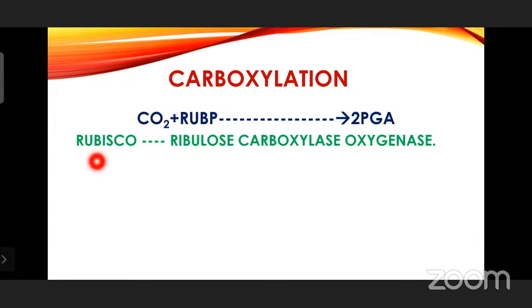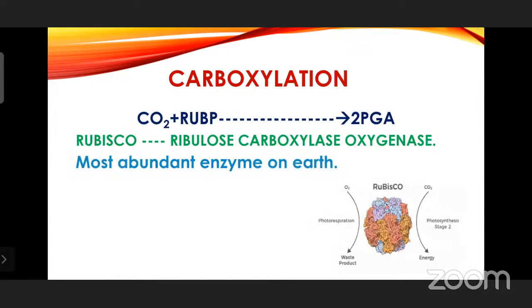Remember this important point about Rubisco, that Rubisco is 2 in 1. It is going to have a carboxylase nature and an oxygenase nature. Carboxylation whenever carbon dioxide is available, oxygenase nature whenever oxygen is available. That's why the name of this enzyme is Rubisco, and it is the most abundant enzyme on earth.